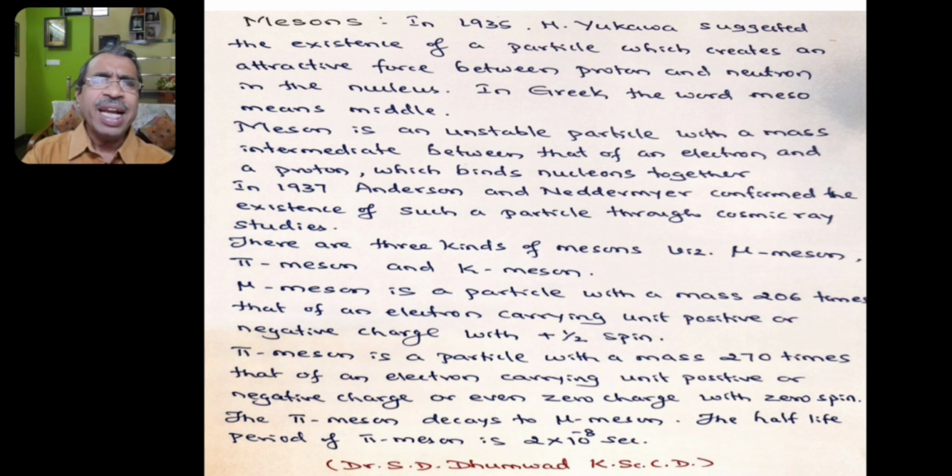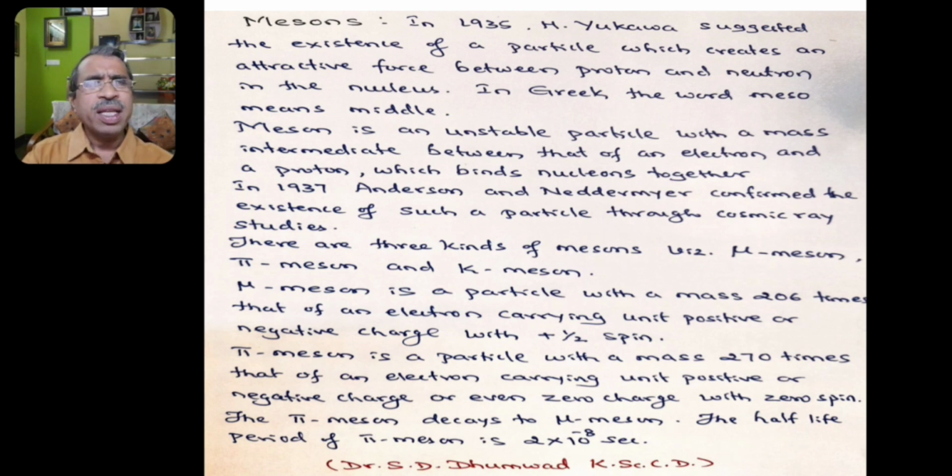There are three kinds of mesons, namely mu meson, pi meson, and K meson. Mu meson is a particle with a mass 206 times that of an electron, carrying unit positive or negative charge, with plus half spin.